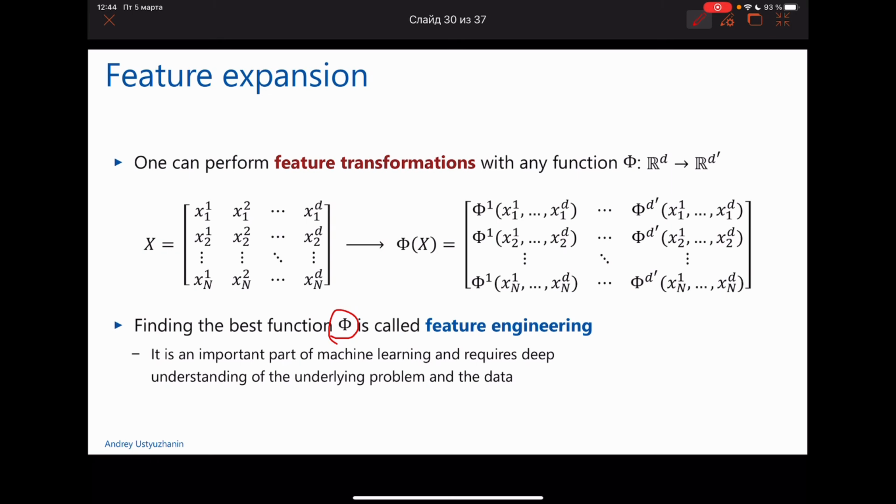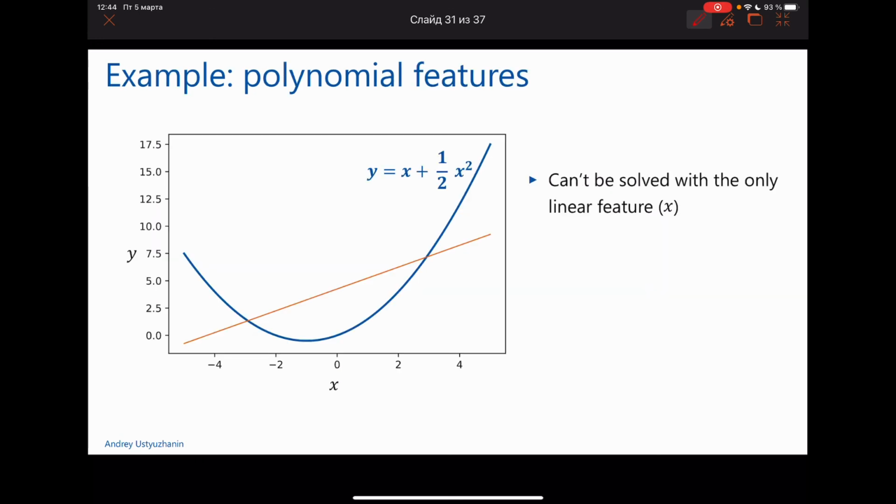Usually people do this when they have some intuition of the physical process that has generated the data, so you can understand what underlying properties of your features can result in better approximation properties of your model. So imagine you have a dependency like this: x plus x1 over 2 of x squared.